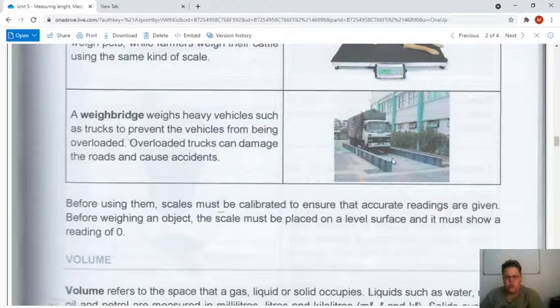This is also used if you go to the dump sites or stuff like that. You have your vehicle. What happens is you drive into the facility, you stop, they weigh your vehicle to find out how heavy it is, to find out how much you need to pay for the rubbish that you have just dumped. So you go in, they weigh the entire vehicle with you inside of it.